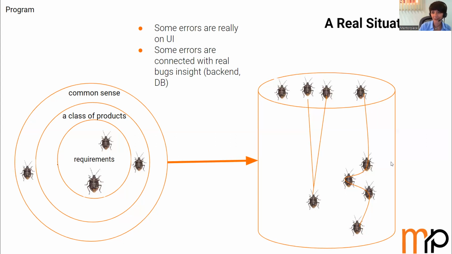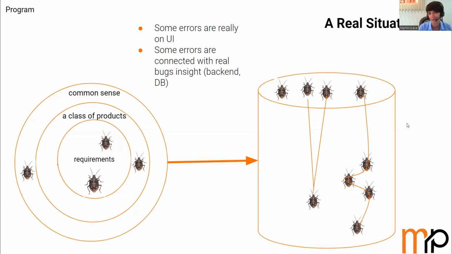Okay. And this one is only about the UI. It could be as well. So not all the bugs are impacted by some other reasons inside. We can have some UI defects.